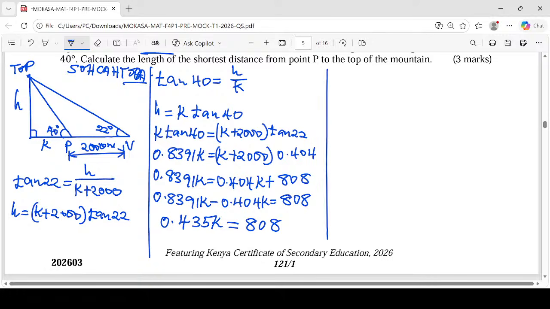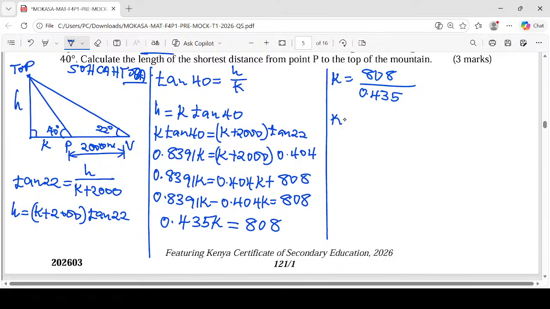When you want to get the value of k, meaning we are going to divide both sides by 0.435. And when you divide by that, you're going to get the value of k being equivalent to 808 divided by 0.435.